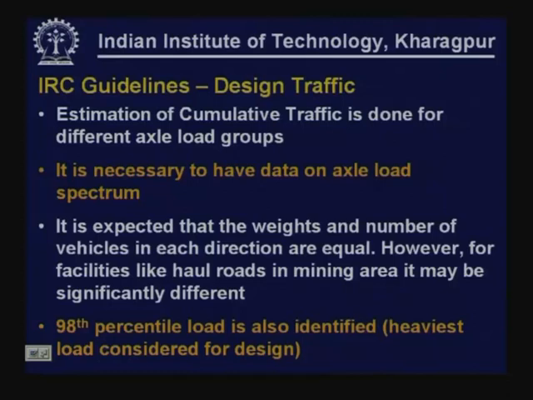It is necessary to have data on the axle load spectrum, and we should be able to project the axle load spectrum that is going to be utilized in the facility. 0 to 2 tons, how many axles? 2 to 4 tons, how many axles? For the different axle load groups that we classify, we should be able to project the corresponding frequency.